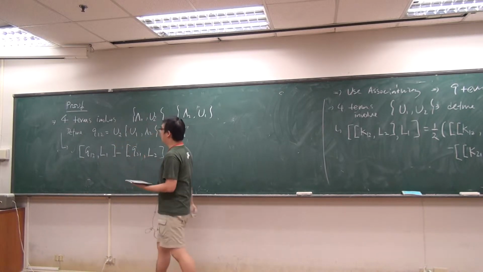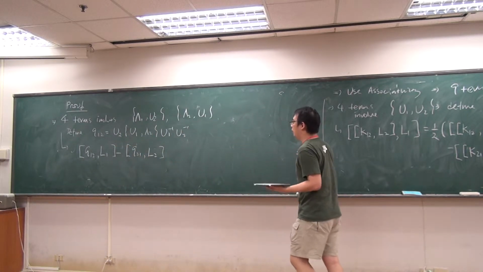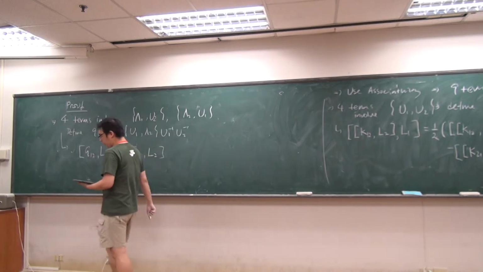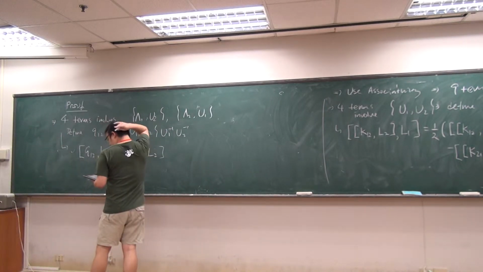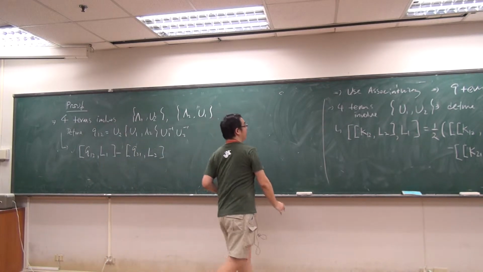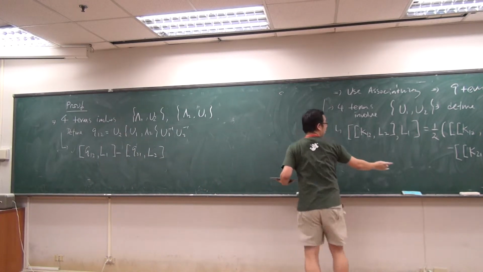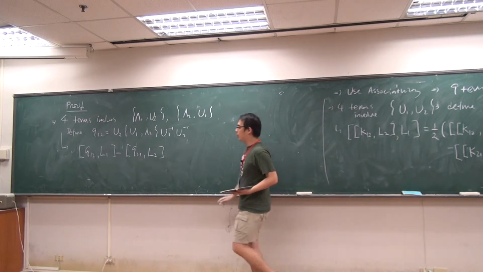So really the proof is by brute force, multiplying all the 9 Poisson brackets out and putting everything together. There are 4 terms like this, and 4 terms like this.